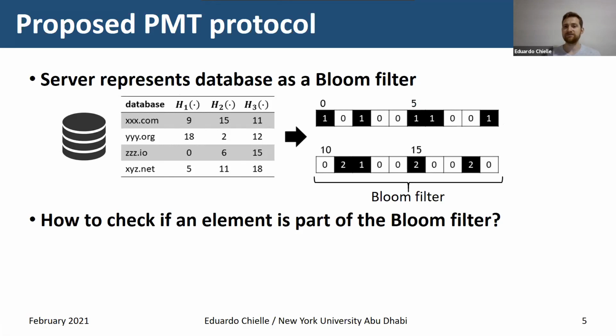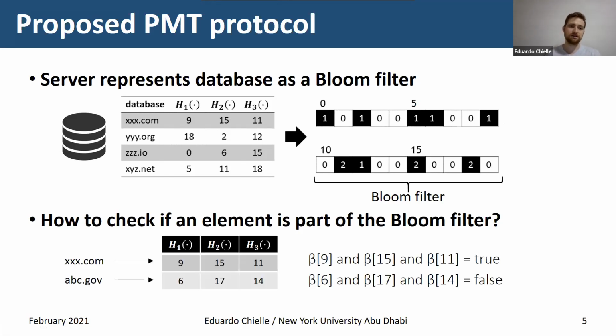Now, how can we check if an element is part of the Bloom filter? To do that, we have two examples here: one that is part of the database, XXX, and ABC, which is not part of the database. So what we do, we pass them through the same set of hash functions, we get a list of integers, and then we query this Bloom filter at those indices.